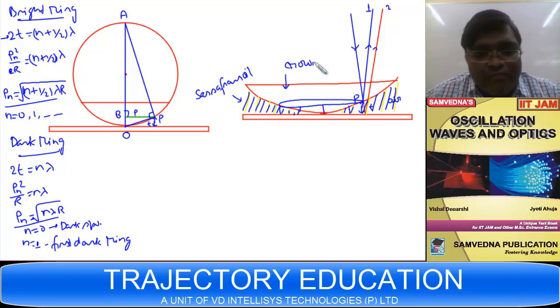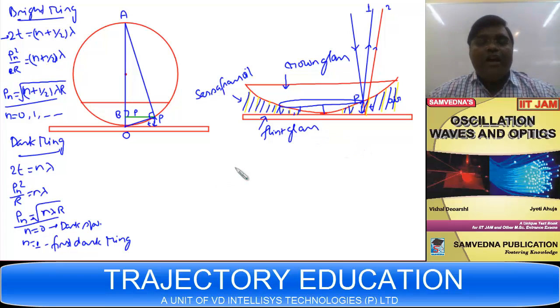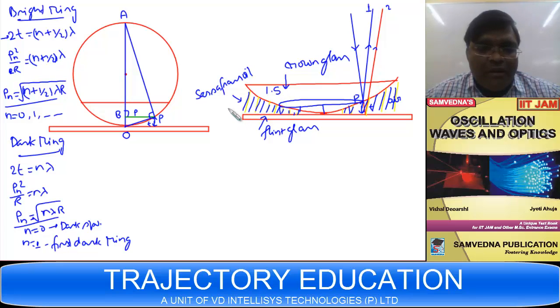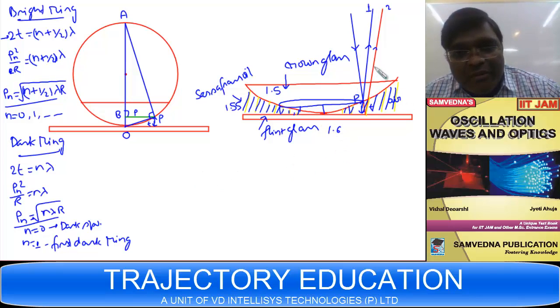Suppose this is crown glass, and this is flint glass. For crown glass, the refractive index is 1.5. For sassafras oil, 1.55, and for flint glass, it is 1.6.